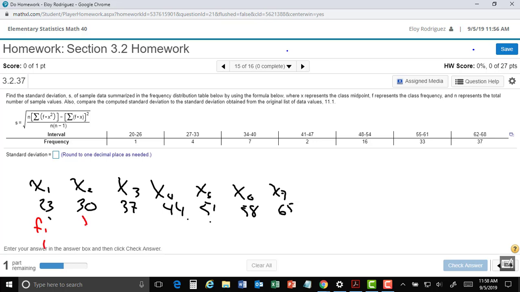Okay, f sub 2. f sub 3. f sub 4. f sub 6? Okay. This is f sub 7? Oh no, I missed one. There's 1, 2, 3, 4, 5, 6, f sub 7.